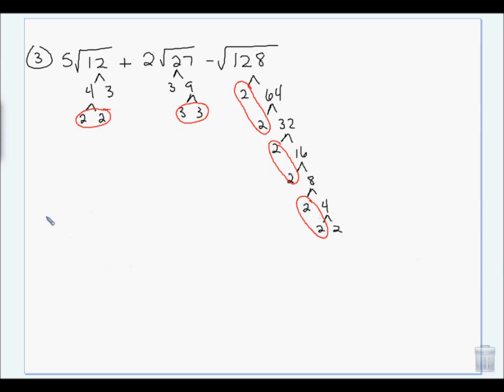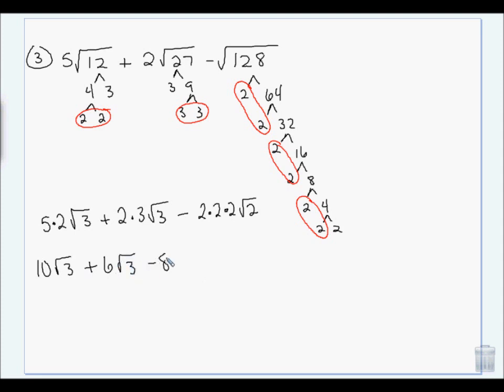So this is 5 times 2 times the square root of 3 plus 2 times 3 times the square root of 3 minus 2 times 2 times 2 times the square root of 2. So I have 10 times the square root of 3 plus 6 times the square root of 3 minus 8 times the square root of 2. I can only add my like terms. So I get 16 times the square root of 3 minus 8 times the square root of 2, and I can't go any further.